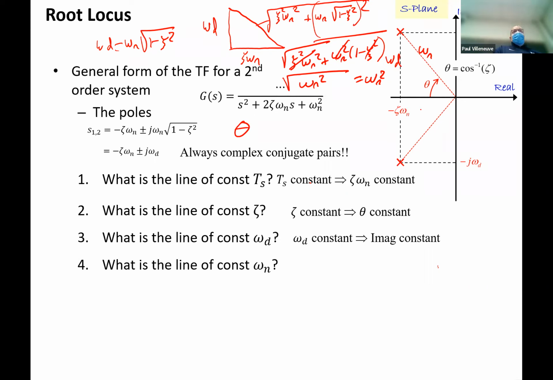So how do I solve for theta as a function of the sides of my triangle? Anybody? This isn't a hard question. SOHCAHTOA, yeah. How would you write the equation for this one?